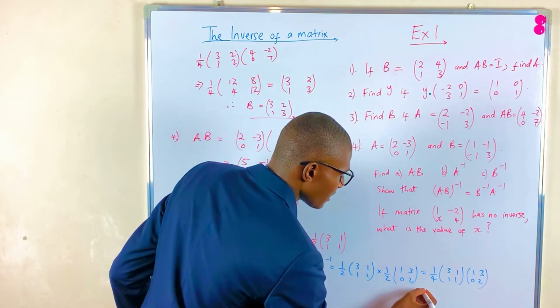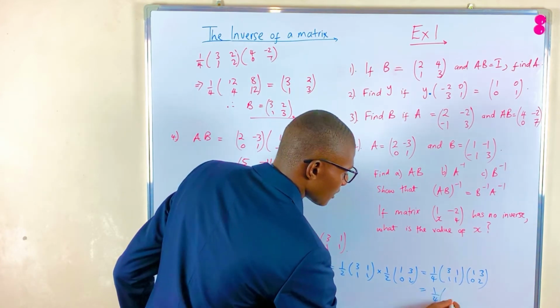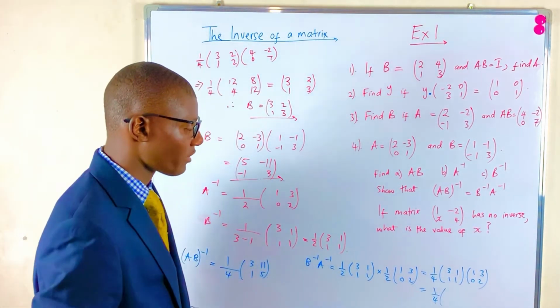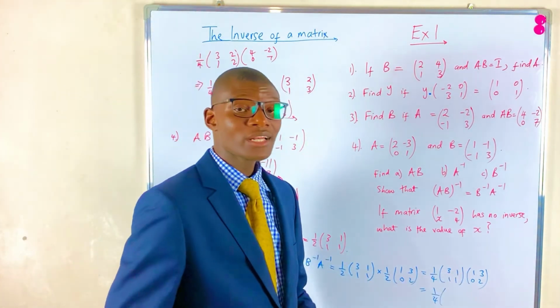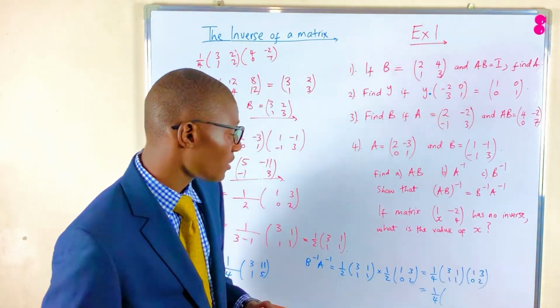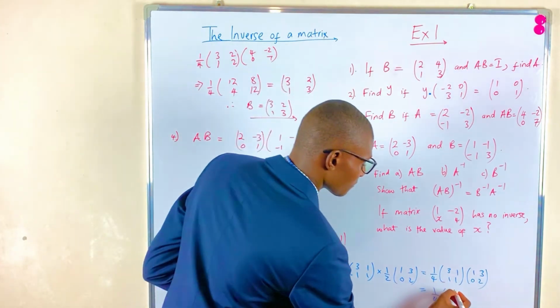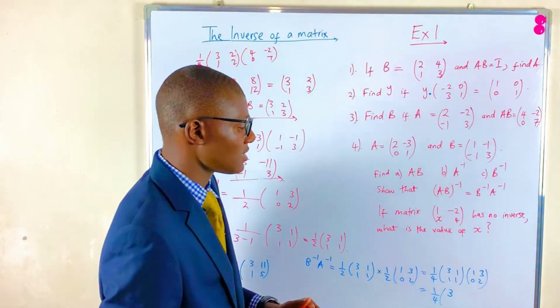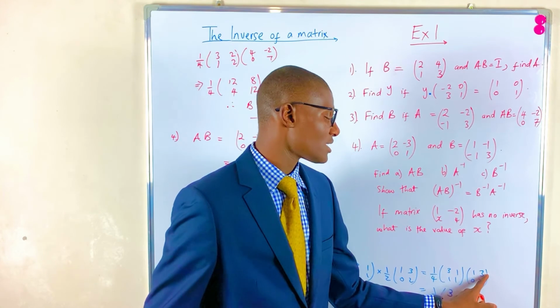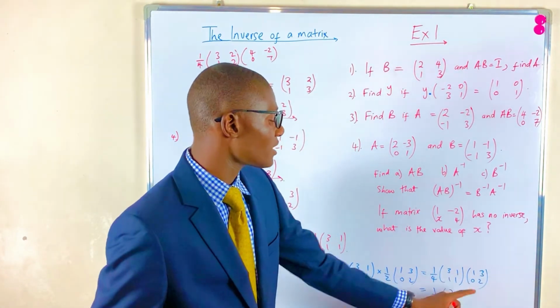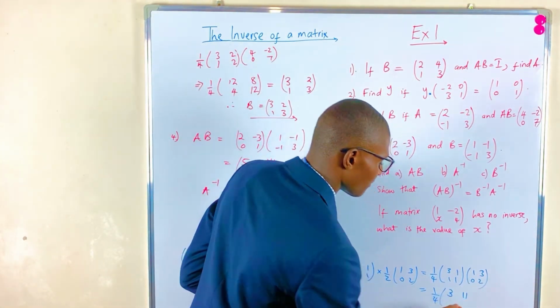So we're simply finding this. 3 times 1, that's a 3, plus 1 times 0, that's a 3. The second element, 3 times 3, that's 9, plus 1 times 2, 9 plus 2, that's 11.